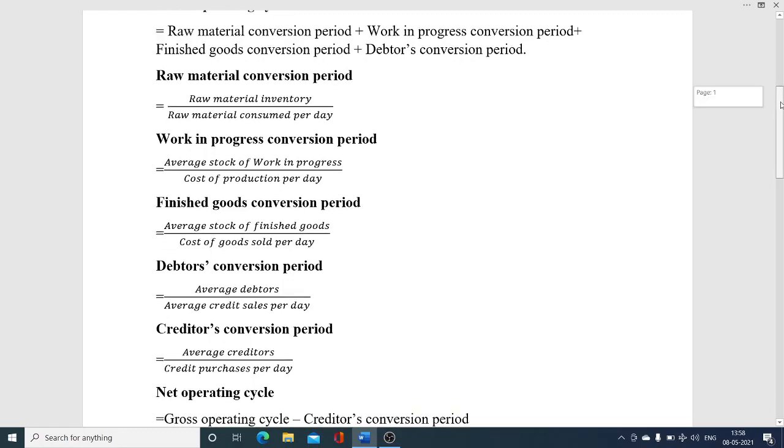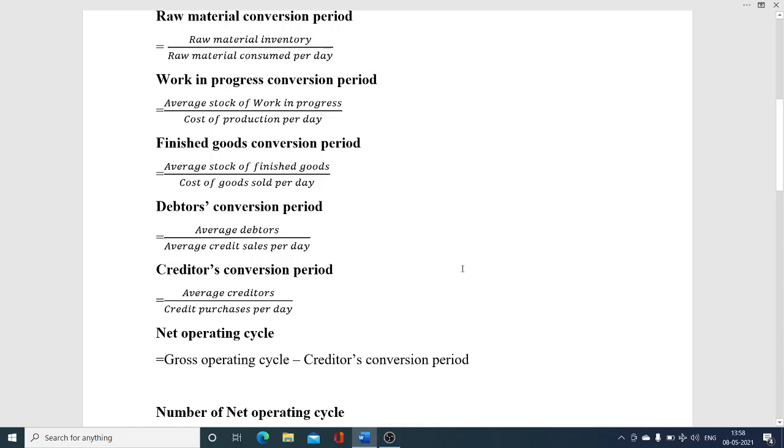After finding the gross operating cycle, we have to calculate the net operating cycle. For that we require the creditors conversion period. Creditors conversion period is equal to average creditors divided by credit purchases per day. The net operating cycle is equal to gross operating cycle minus the creditors conversion period.